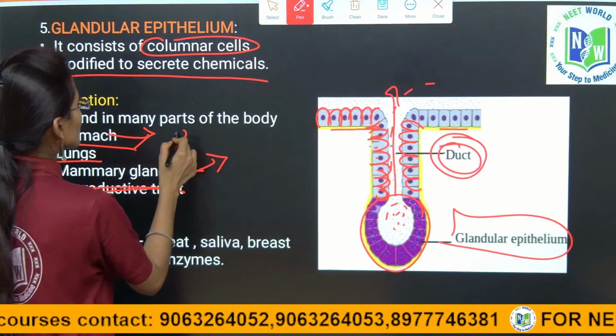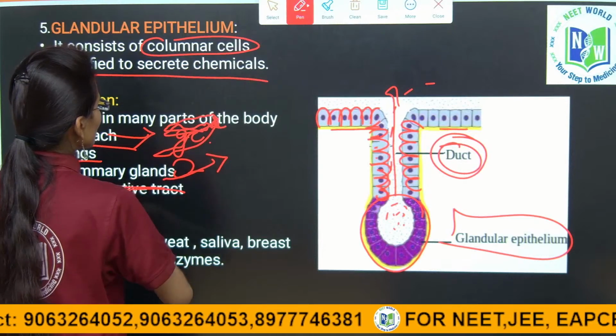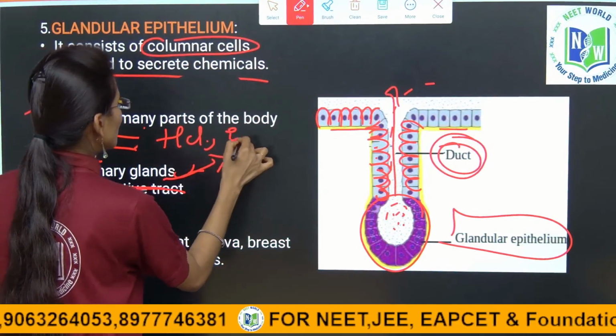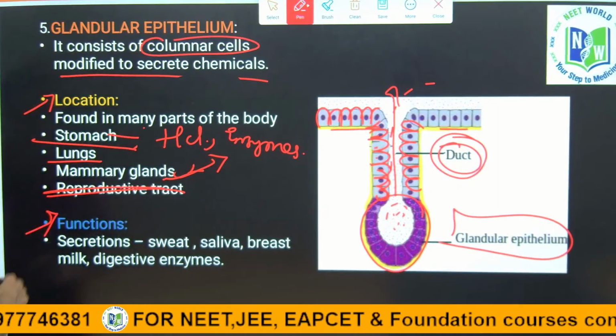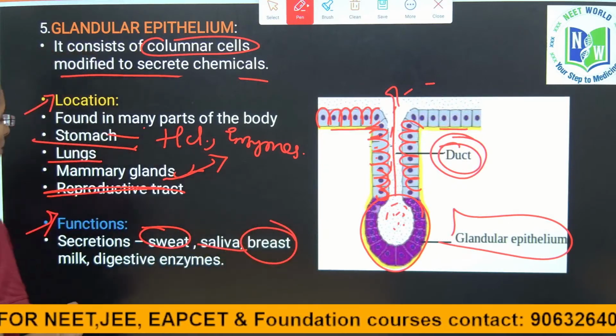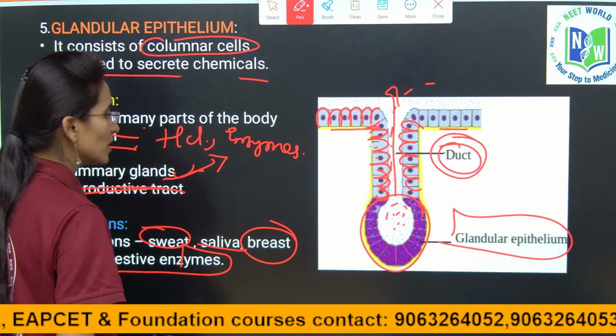In the stomach it secretes enzymes, gastric juice, HCl and enzymes. Secretions include sweat, saliva, breast milk, and digestive enzymes.